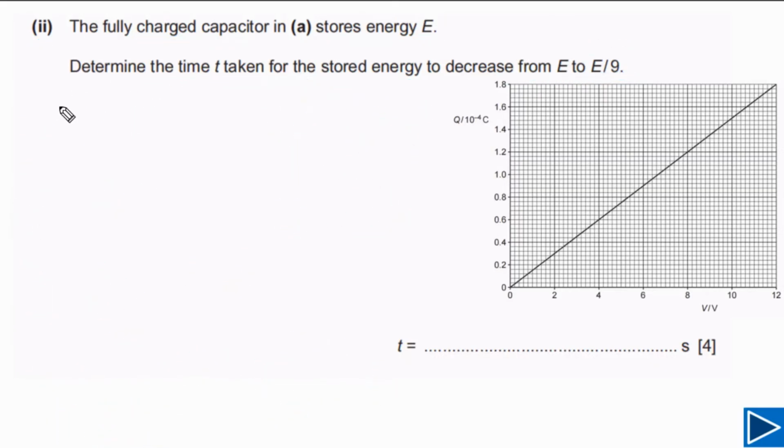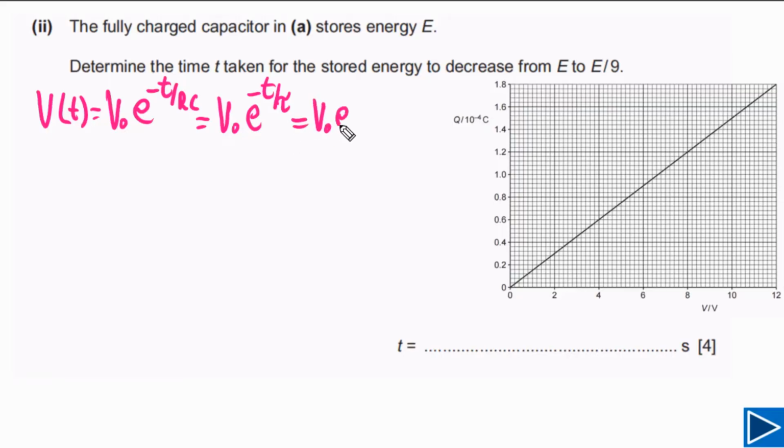Now let's try to find out the value of T using the formula V as a function of time. This is equal to V max times e to the power of negative T over RC, or we can simply say this is equal to V naught e to the power of negative T over tau, and tau is the time constant. The value of tau we have already calculated, so we can plug in the value of tau.